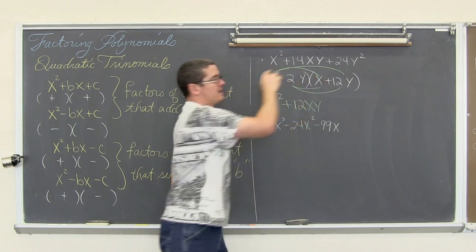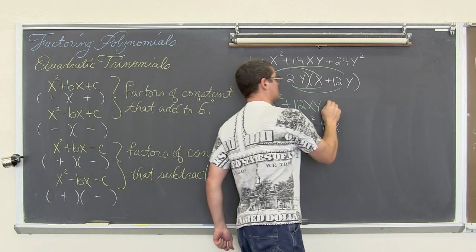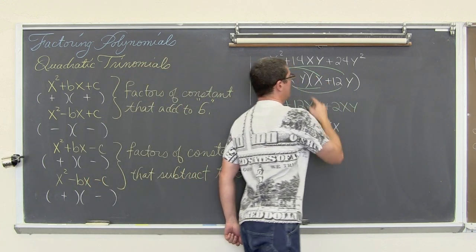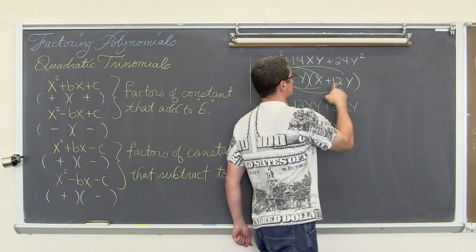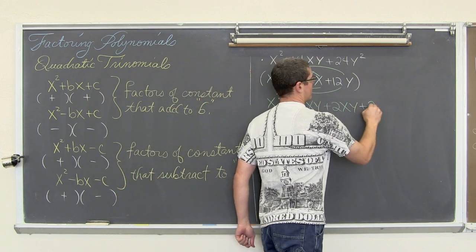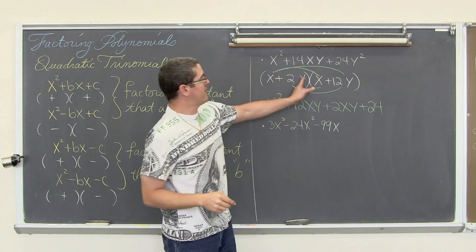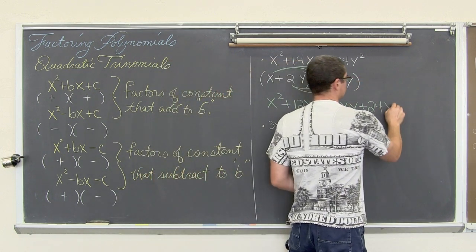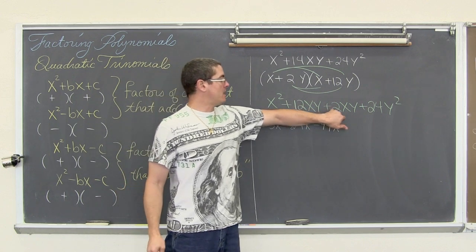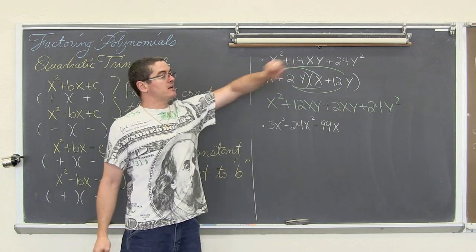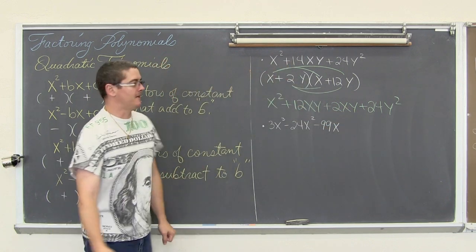And then 2y times x is positive 2xy. And then finally 2y times 12y is 2 times 12, there's the 24 that we needed, and we have y times y, which is y squared. Well, look, there is 12xy and 2xy, and the last time I checked, that does add up to be 14.